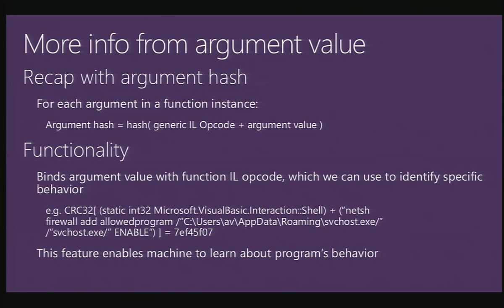So we can use it to identify the specific behavior regarding the argument in a function instance, such as this one, which is a VB function that is going to set up the firewall. We might calculate its checksum and add it to the argument hash list, so that we can let the machine learn about the program's specific behavior.